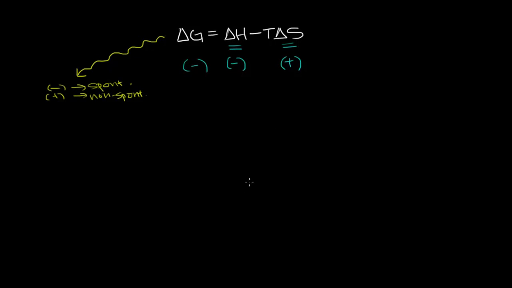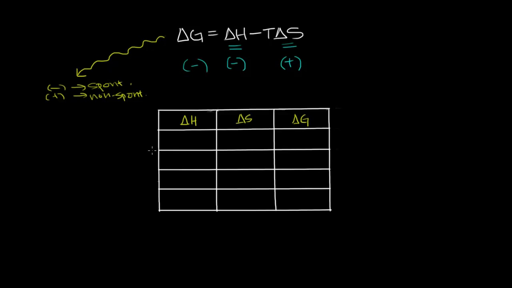So to explore this further, I thought we could create a table like such to write out the different signs that delta H and delta S could take on, and determine for each of these combinations whether the delta G will be positive or negative. So we've already gone through one.